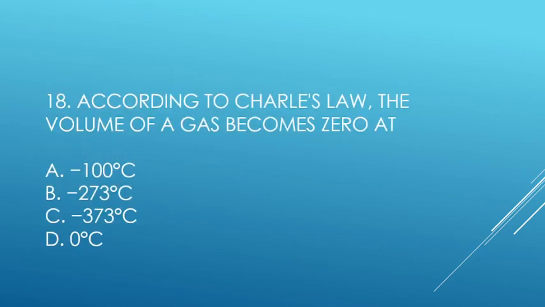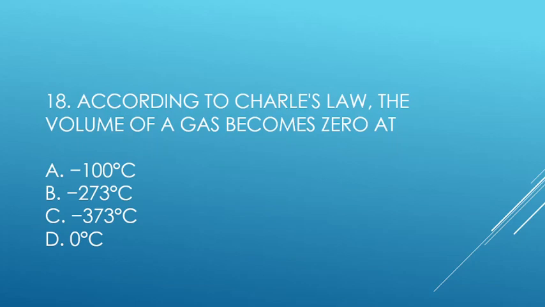Question number 19. According to Charles' law, the volume of a gas becomes 0 at A. minus 100 degrees centigrade, B. minus 273 degrees centigrade, C. minus 373 degrees centigrade, and D. 0 degrees centigrade.